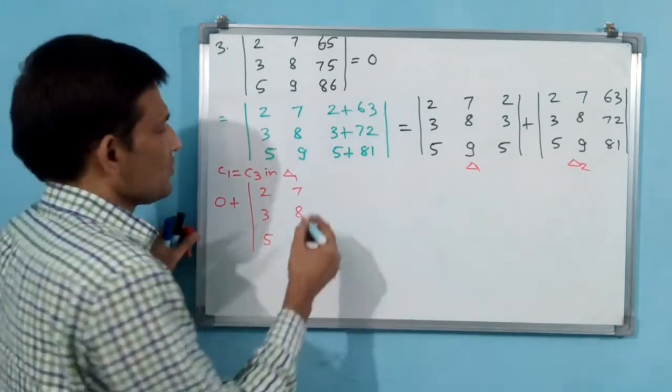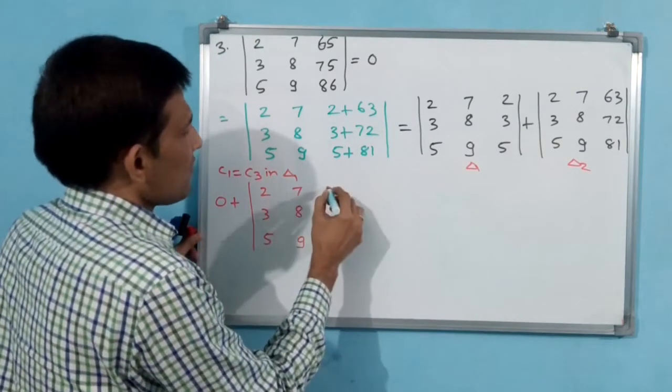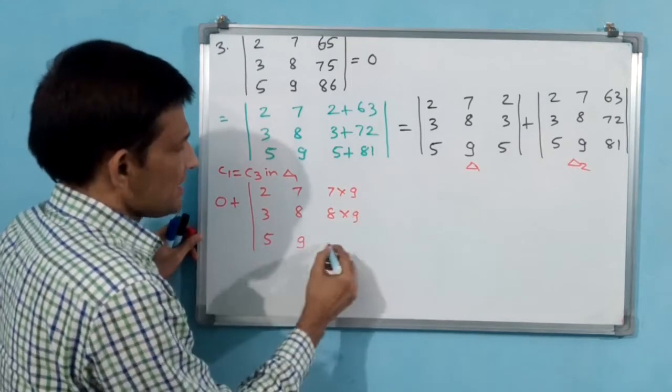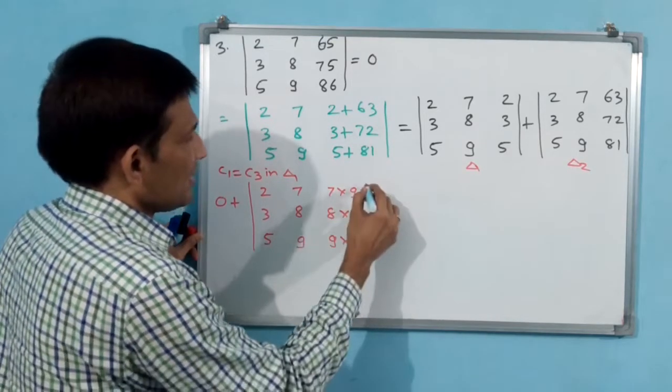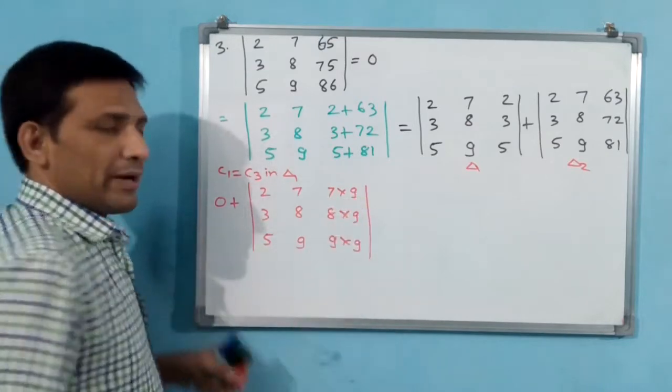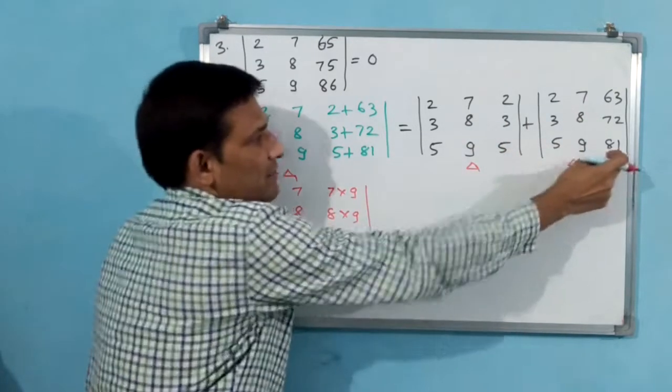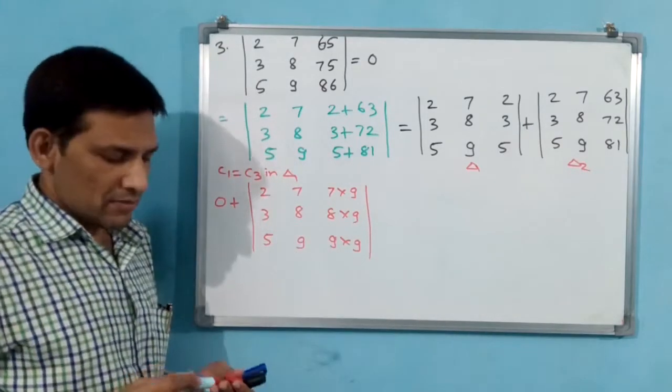Now what I am doing, you see. 7 is there now, okay, 7 into 9, 8 is there now, okay, 8 into 9, 9 is there now, okay, 9 into 9. Why? Because see, 9 I have taken common. 7 nines are 63, 8 nines are 72, 9 nines are 81. You understand now? Okay.